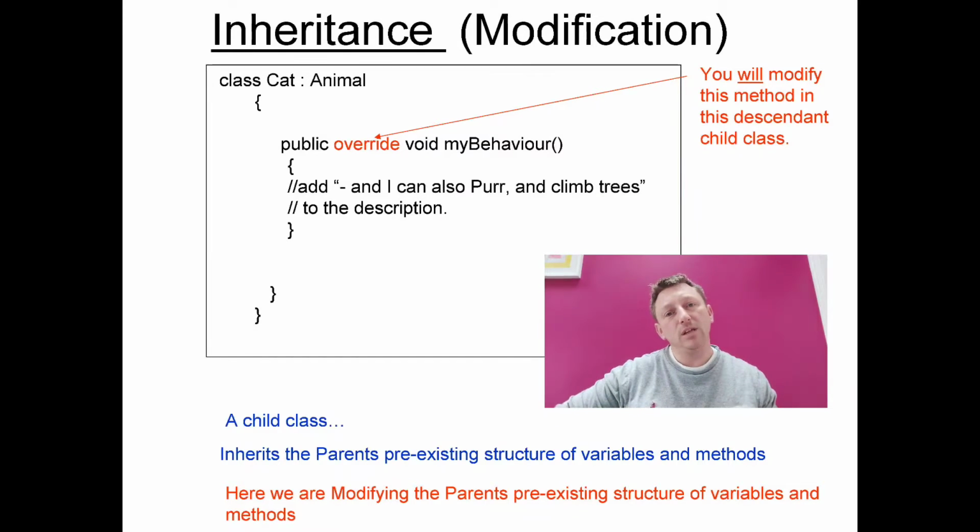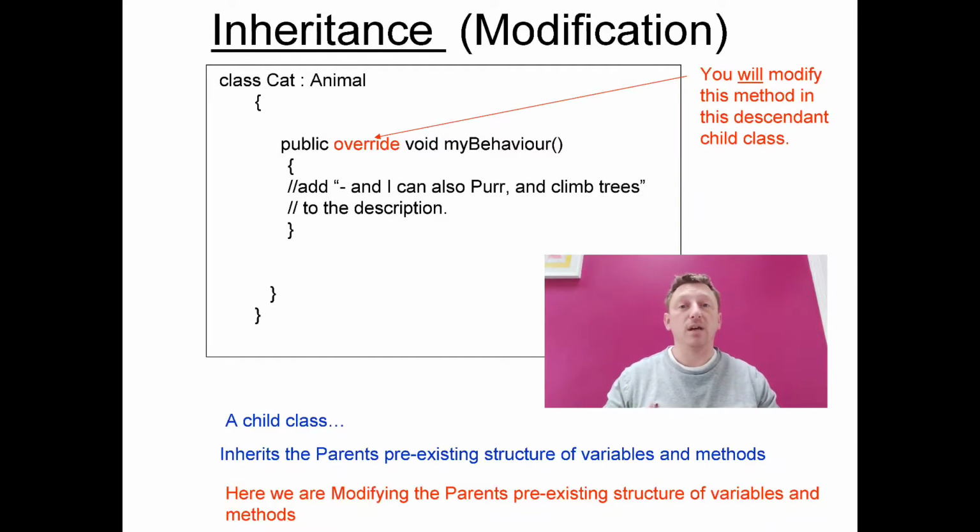So what we do is we rewrite the behavior method, and the handshake is to use the word override. This is now telling the code that, okay, we have inherited this method, but what we're now going to do is make changes as a child.